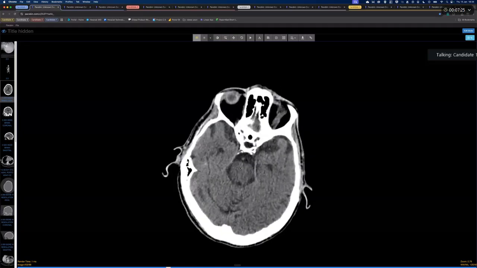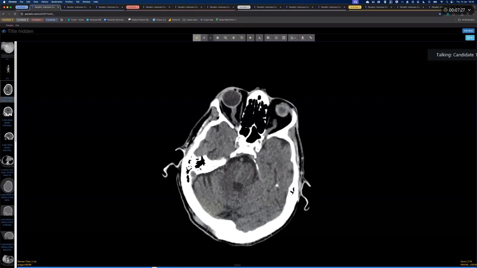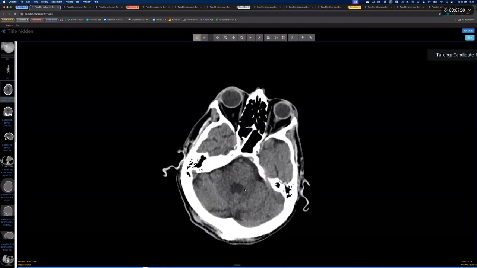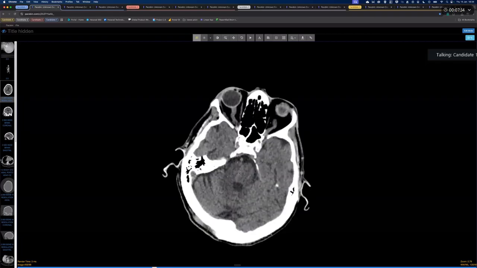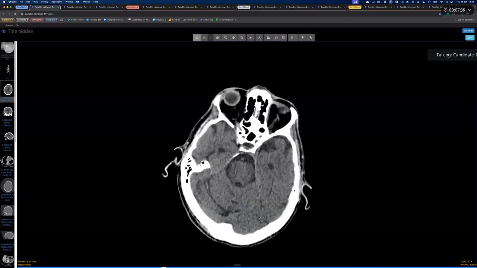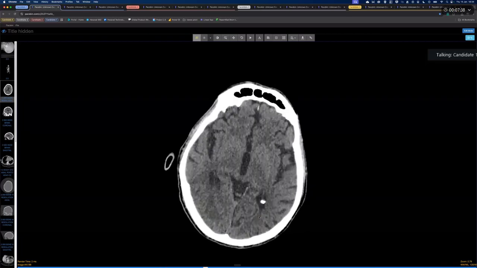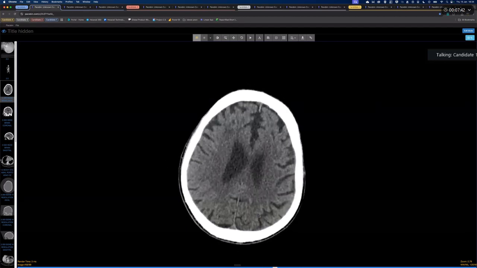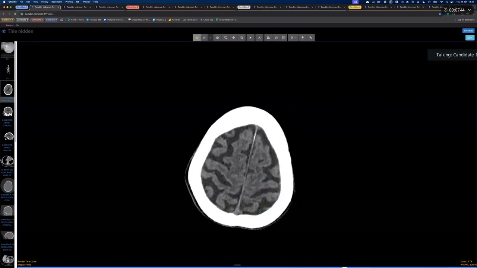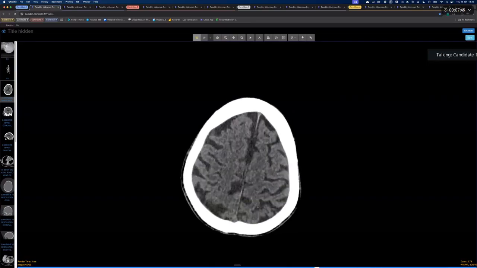And there is a hypodensity seen in the region of the brainstem and the pons, with a suspected hypodense lesion. There is no intra or extra-axial collection. There is no hydrocephalus, midline shift, or mass effect. So, no areas of bleed.